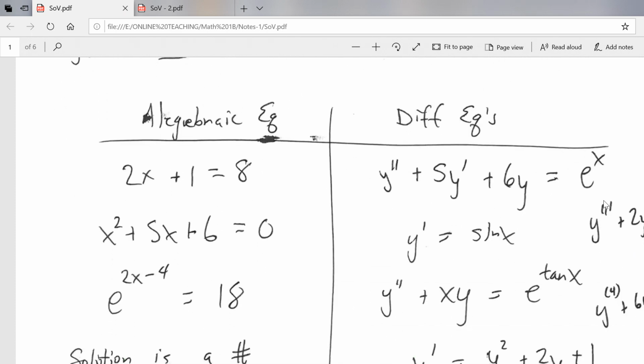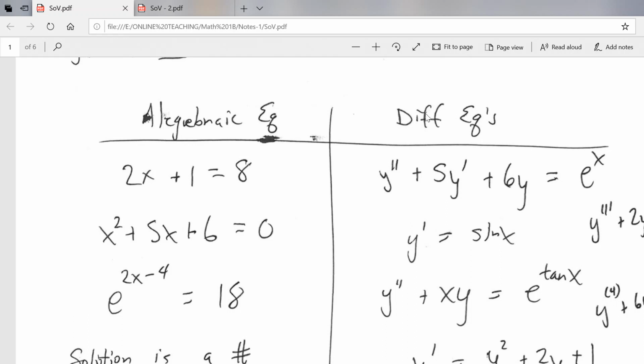Here, y triple prime plus 2y prime is tan x. y double prime plus xy equals e to the tan x. y prime equals y squared plus 2y plus 1. Notice all of these have x's, y's, either or both, but at least there's a derivative in all these. Here there's even a fourth derivative and a second derivative and so on and so forth.